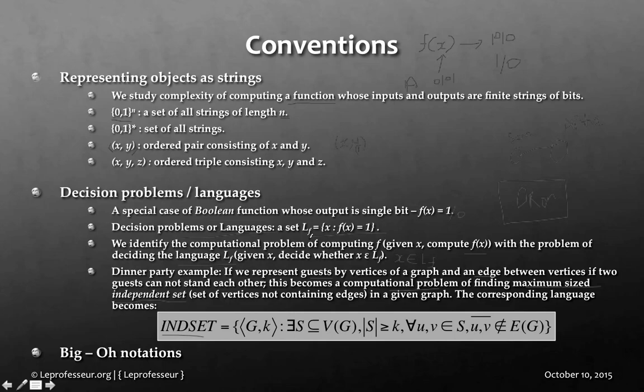So a set of vertices not containing any edge. That we need to find, that becomes our independent set. So that means we can only invite that many people to our party who are in the independent set.